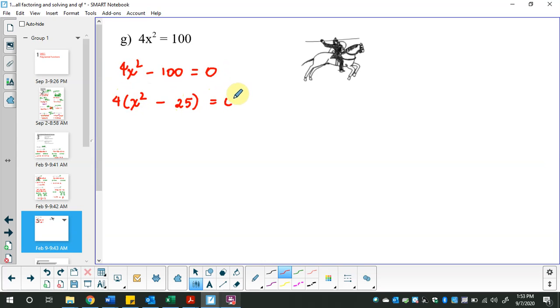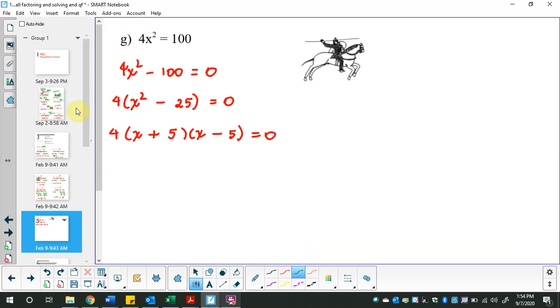Even though you imagine the equal 0 isn't there, you still have to write it down. And then I notice that this bracket is actually a perfect difference of squares, because I can square root x squared, I can square root 25, and I can force that to be a negative 25 by having my conjugates equal 0. So at no point am I ever going to get rid of the green pen.